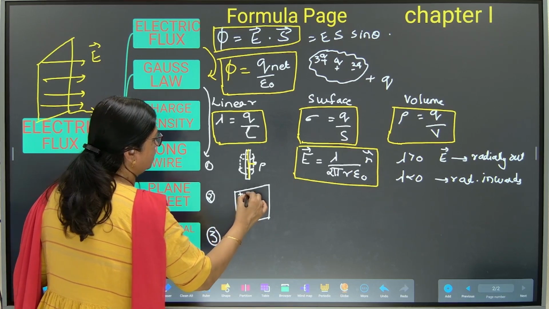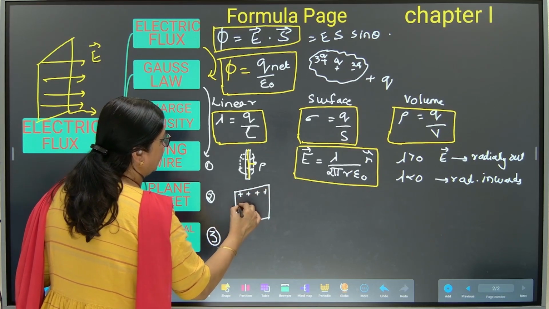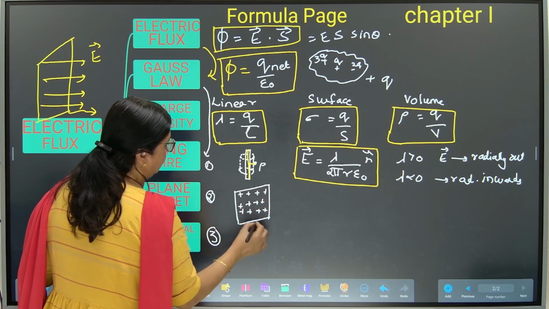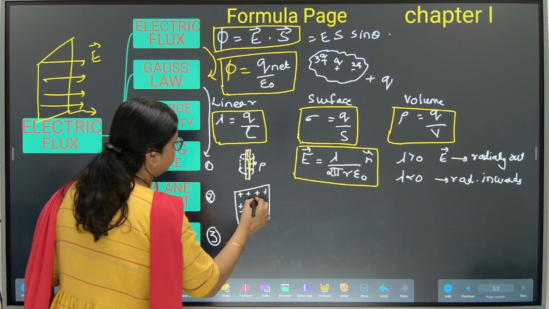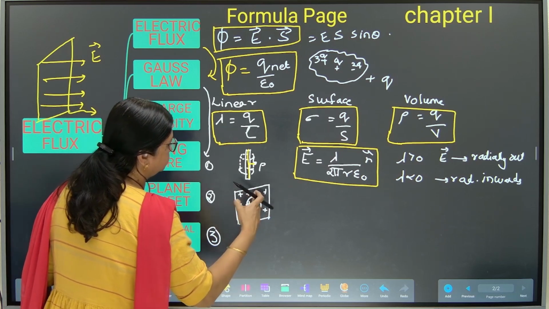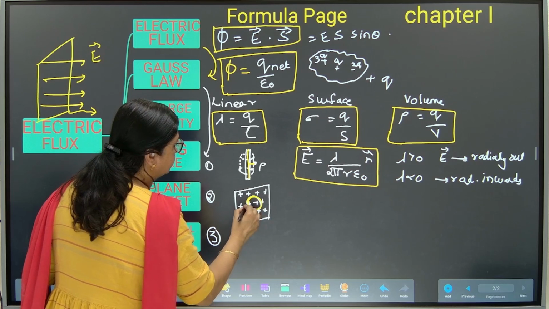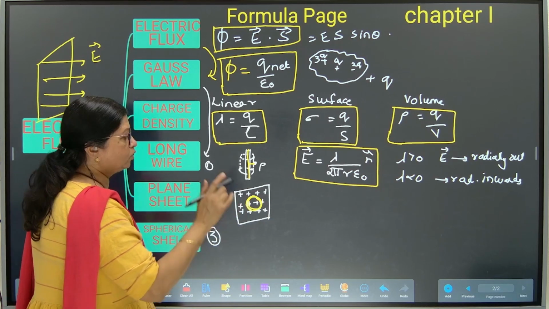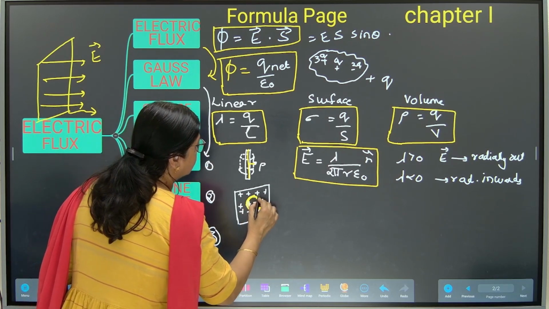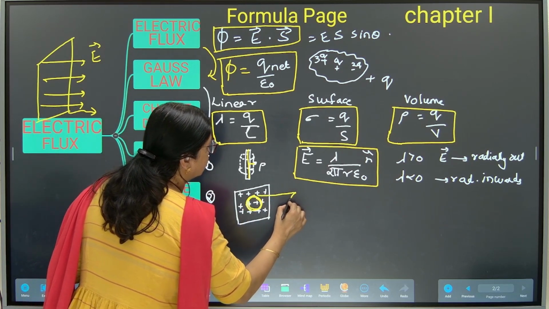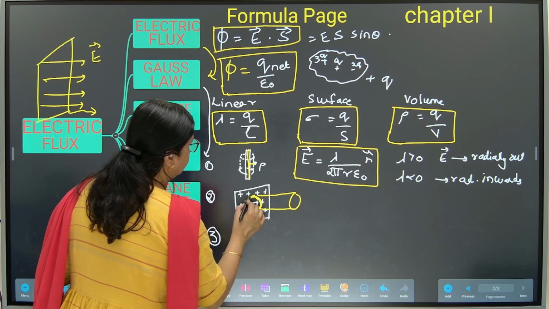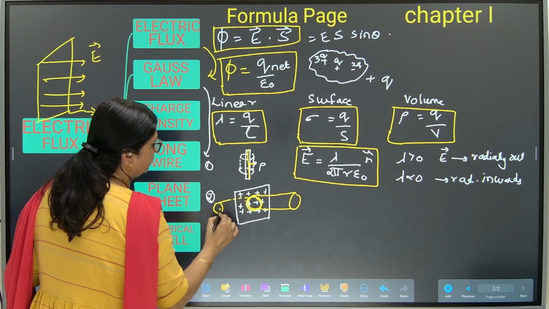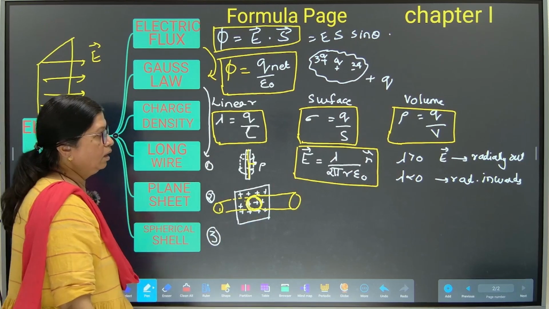Fine. Now let us go to application number 2, where I have a plane sheet which is again uniformly charged, whether positive or negative. Within that plane sheet, we can consider a portion which is uniformly charged, and through this portion we can consider a cylindrical Gaussian surface passing through it.